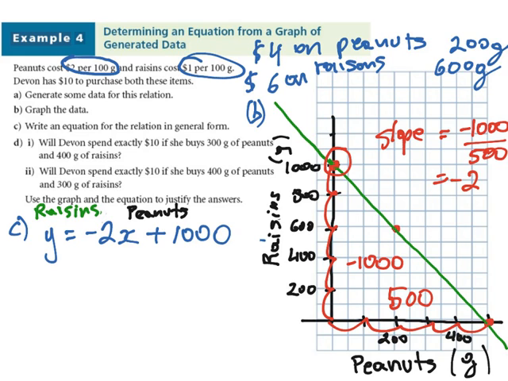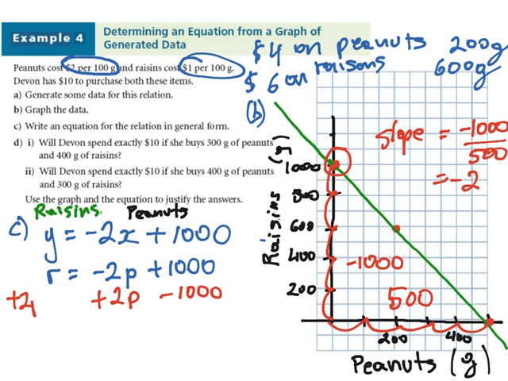In other words, we could write r is equal to -2p plus 1,000, just to represent the specific raisins and peanuts. This is not written in general form. We have to move all the variables to the left-hand side of the equation for general form. So we're going to add 2p and subtract 1,000 from both sides of the equation.